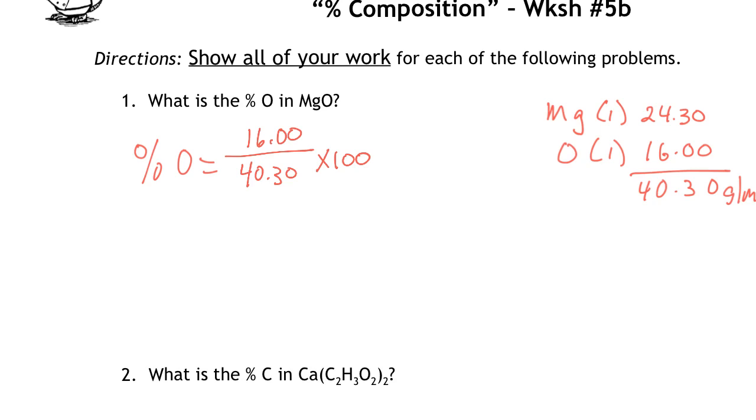So I'm going to use the fraction button again. 16.00 down the bottom, 40.30 equals, SD button, times 100, and my answer is going to be 39.70, because I've got 4 significant figures, percent of oxygen.